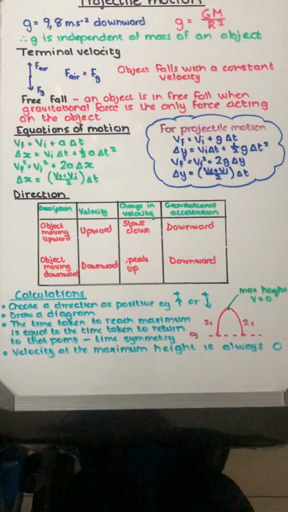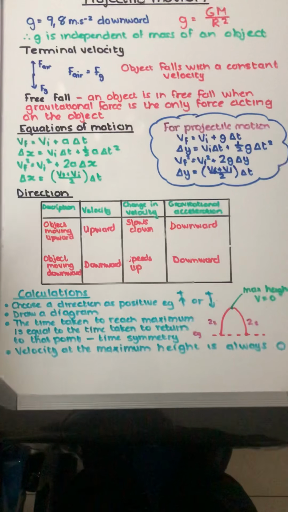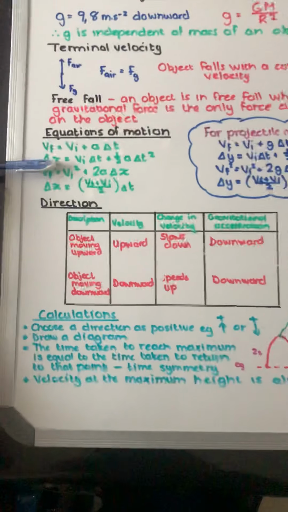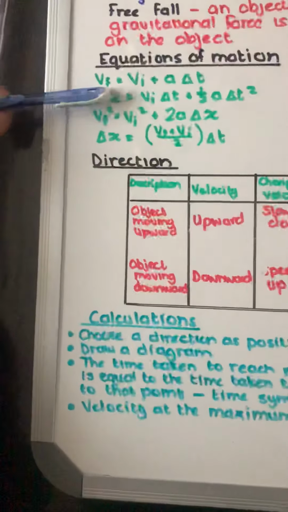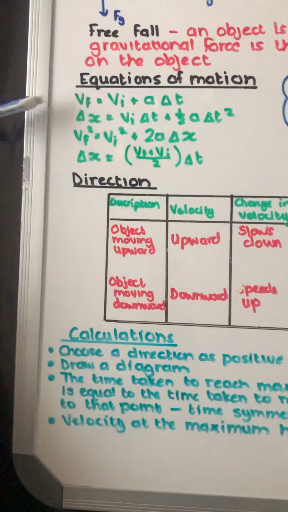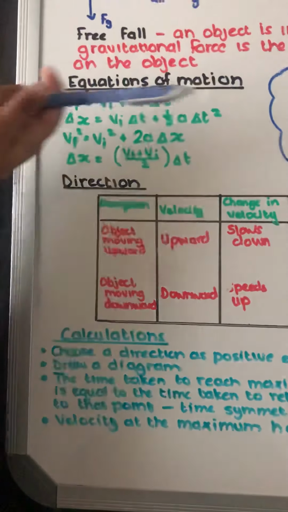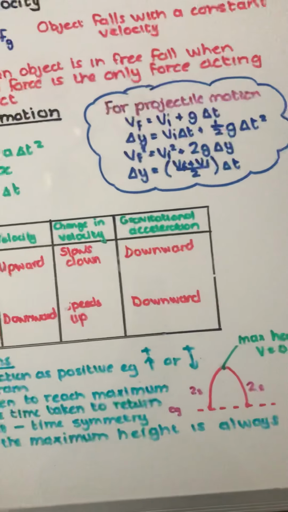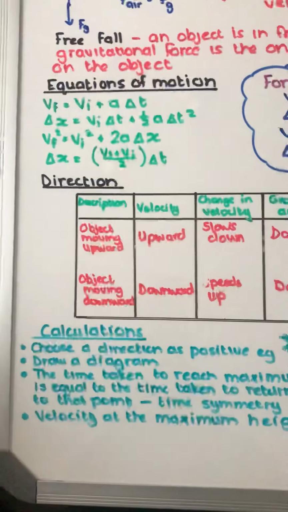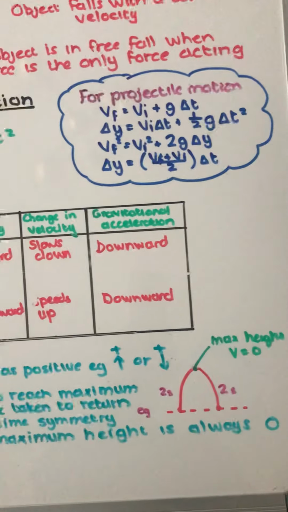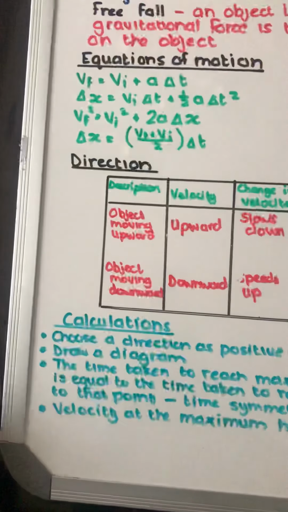Let us look at the equations of motion. Previously, we used these equations of motion, but when we work with vertical projectile motion, we can replace the delta x with delta y, and we can replace the a with g. Direction is very important when we're working with projectile motion.